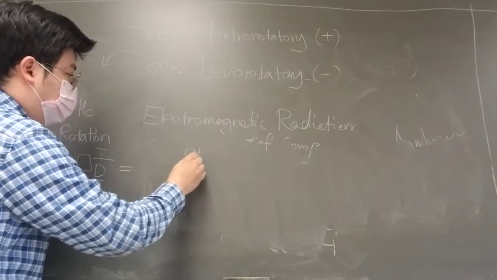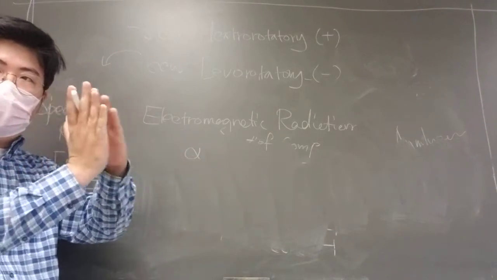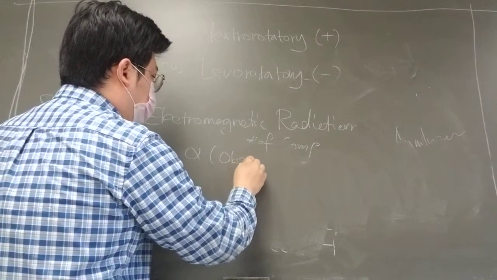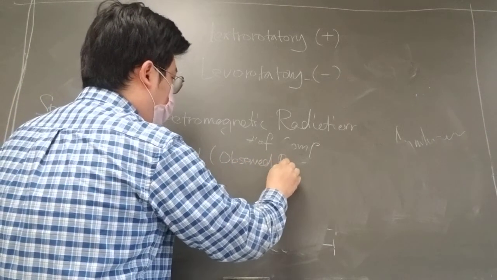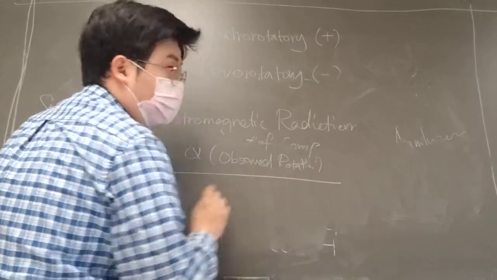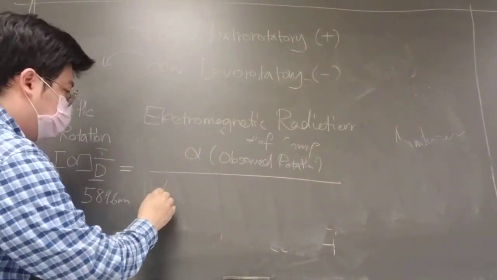This alpha is just any angle you see on the analyzer, so we can call this observed rotation, whatever you see in that experiment. But it will be governed by the path length.